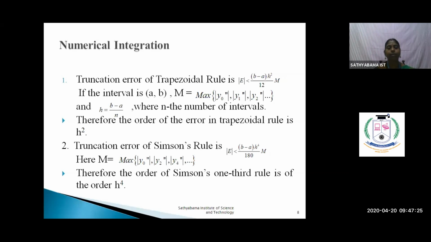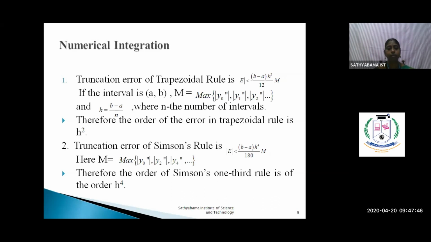Like this, the truncation error of Simpson's rule: modulus of E is less than (b minus a) into h power 4 by 180 into M. You know well what a and b are, my lower and upper limits. h is the length of the interval.